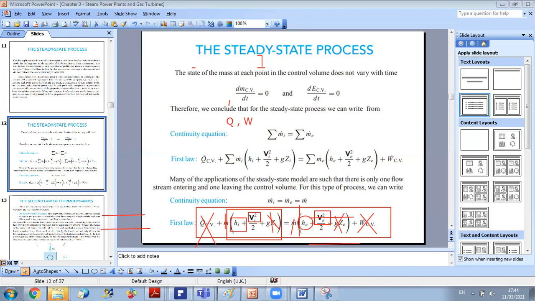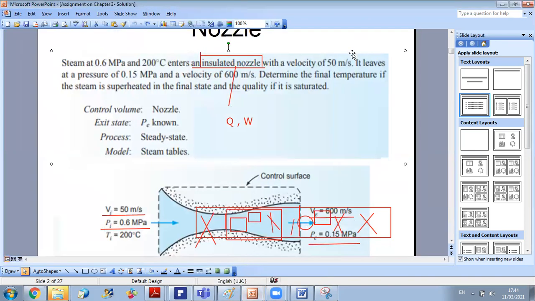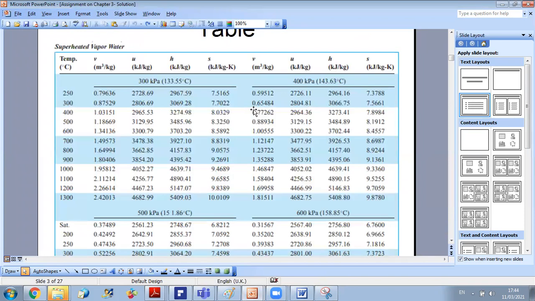And once I know it, I know also another property, which is the pressure. As I told you, once you know two properties, you can get any other property. So you will be able now to determine what will be your temperature. So if we go back to the problem, let us write the energy equation.